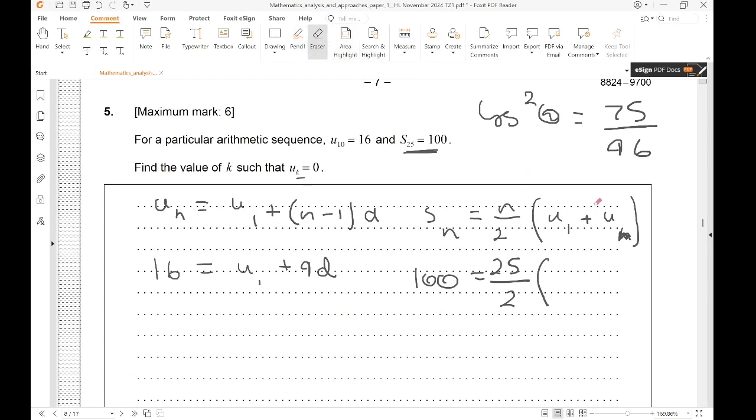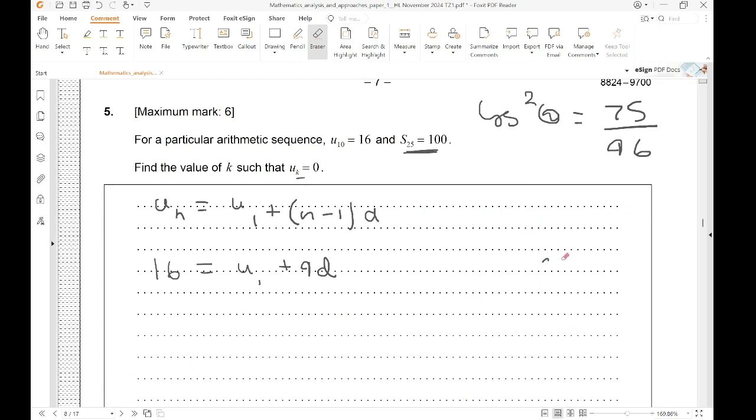Sorry, we have to use the other formula. I was a little bit mistaken over there. You're going to have to use another formula, not this one. Okay, let's get rid of that.